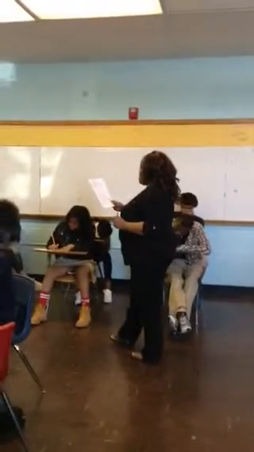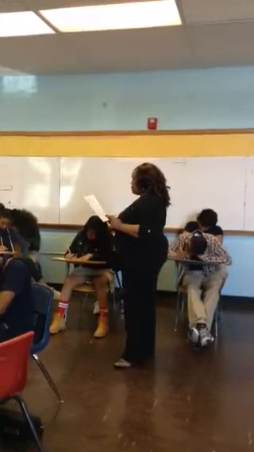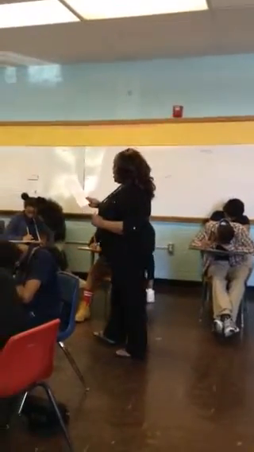Cerebrum. The thinking part of the brain, go on and write this down. The thinking part of the brain that controls voluntary muscles and controls memory. You can condense it in your own words, okay?